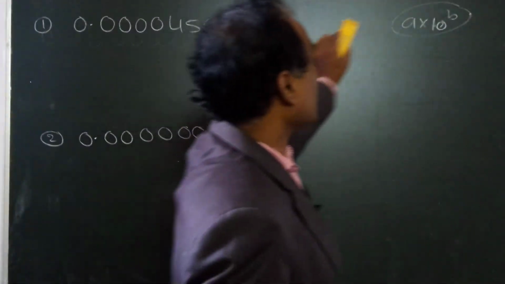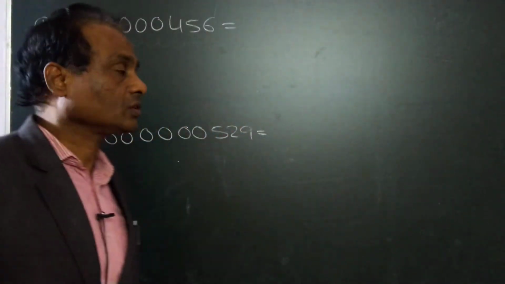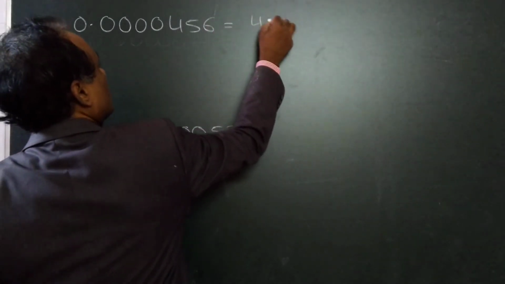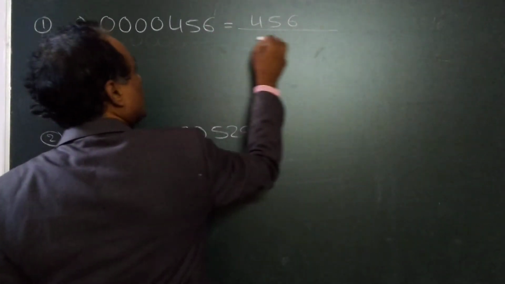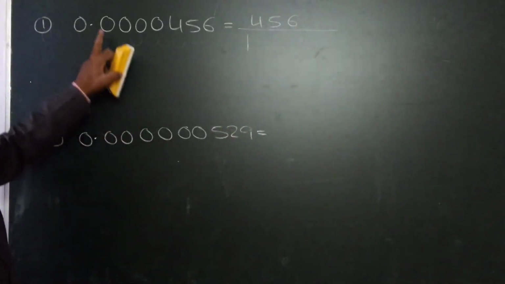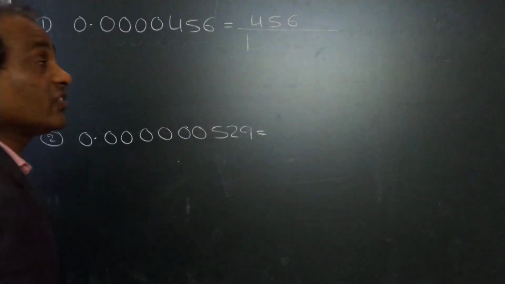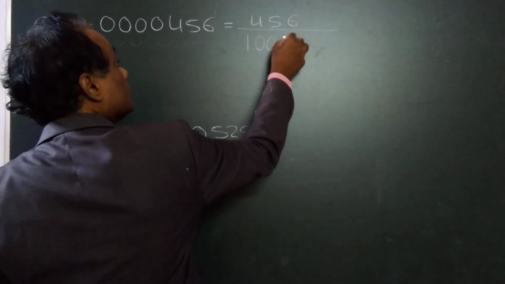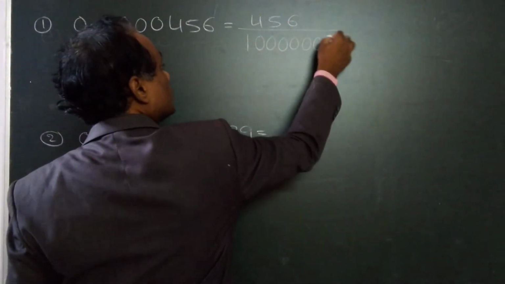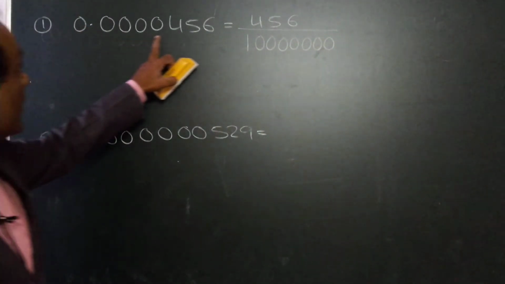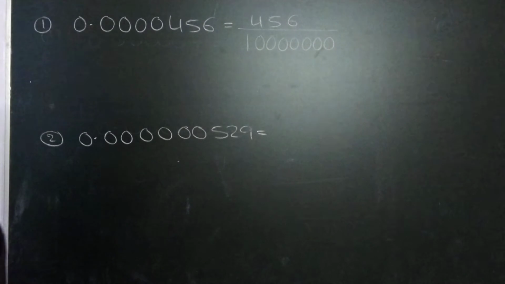Change this into standard form. See here. First remove the decimal, 456 by 1 followed by, after decimal, 1, 2, 3, 4, 5, 6, 7 digits, 7 zeros.